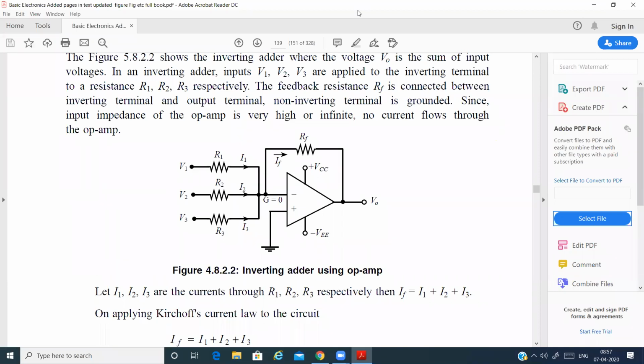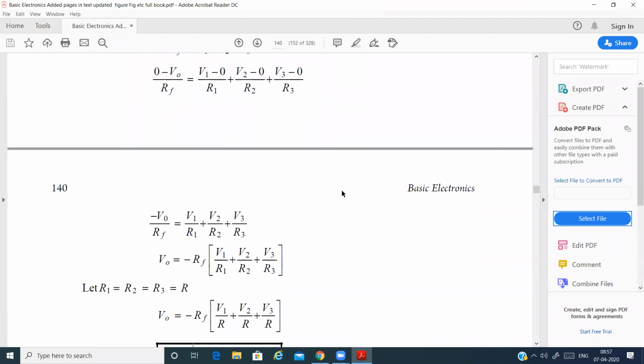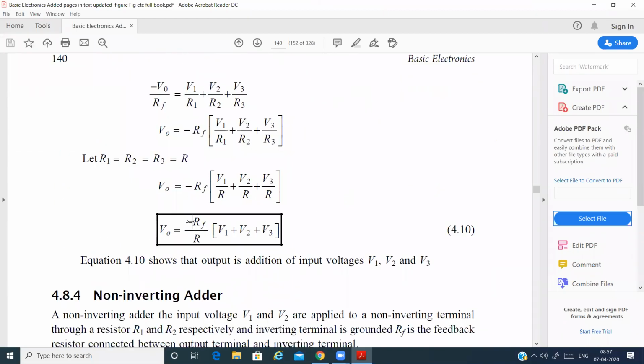Rohan, Pranav. Can you answer this question? Why do we have negative at the output?